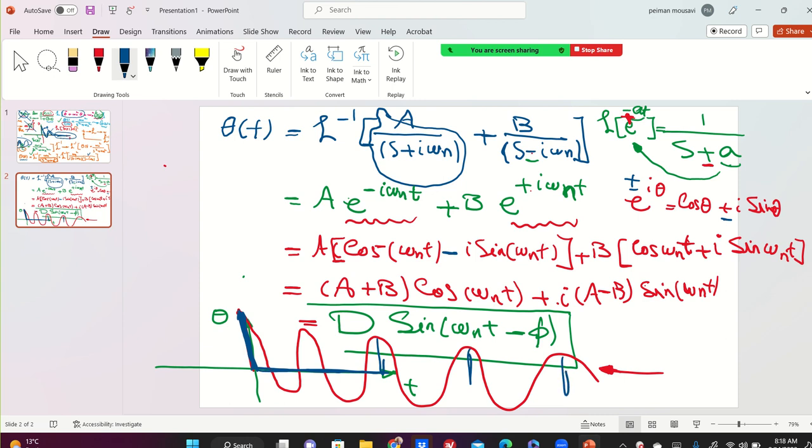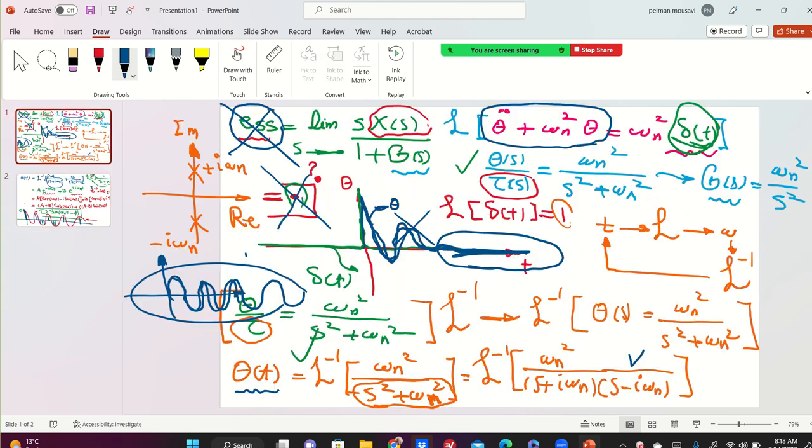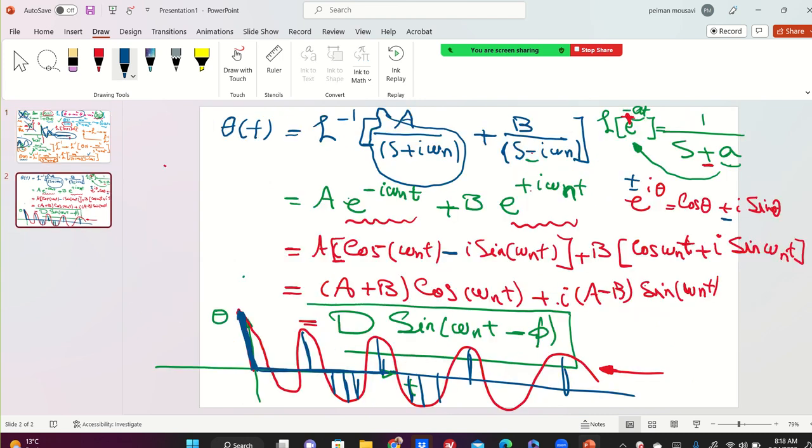Always. See what I'm saying? So that's why this is not valid, because your system is not stable. So you have to be very careful when you are using the final value theorem. See what I'm saying? Yes?